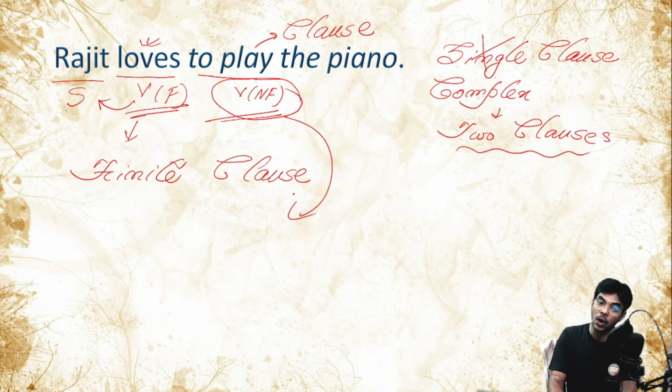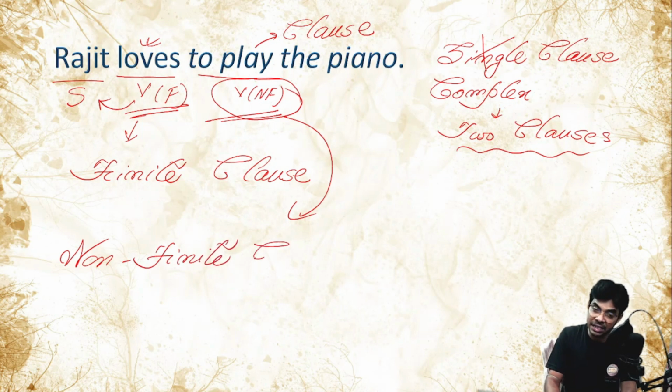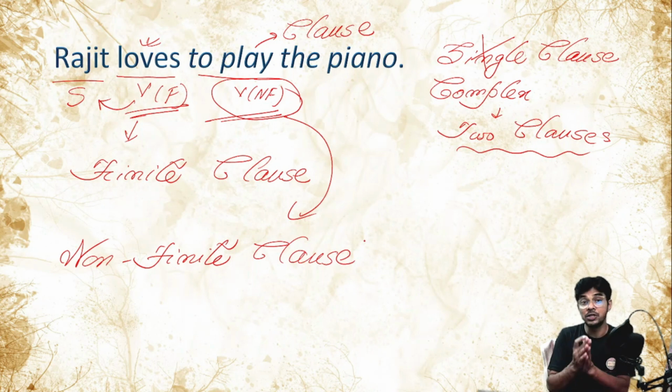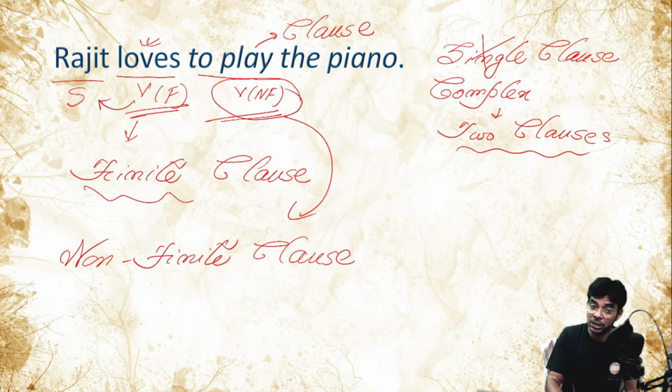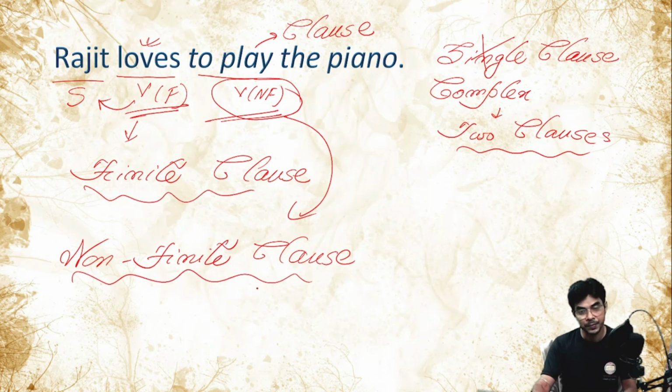But this one, which is comprised of a non-finite verb, we would call a non-finite clause. Yes, dear friends, that's why it's a complex sentence with two different clauses. One is a finite clause and the other is a non-finite clause.